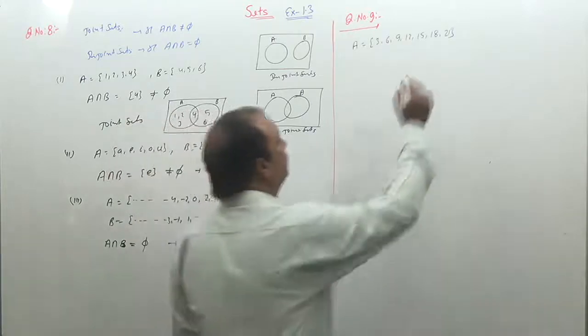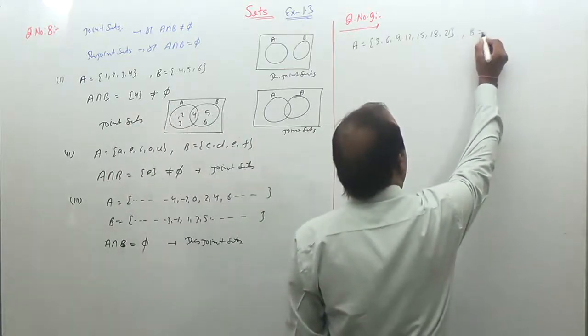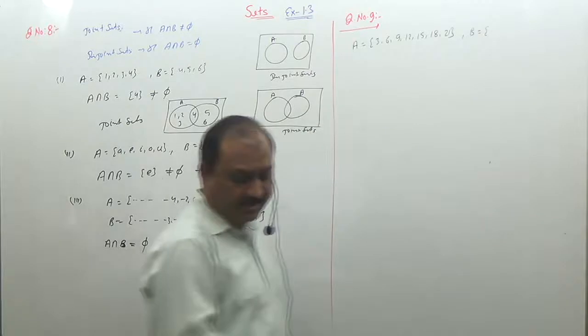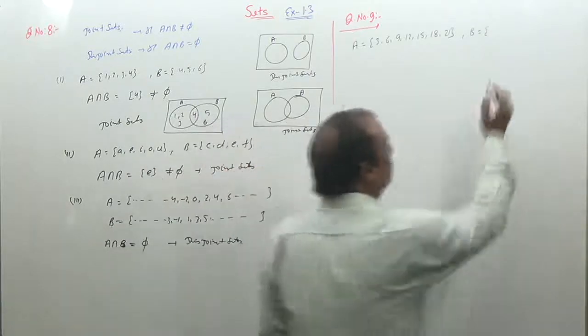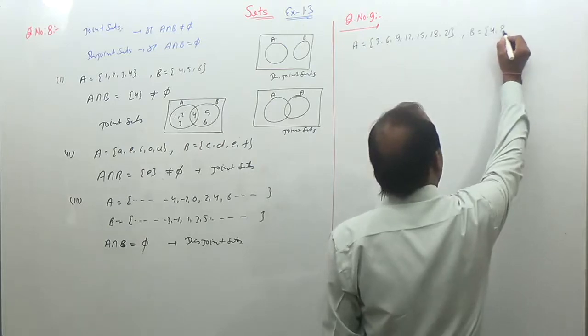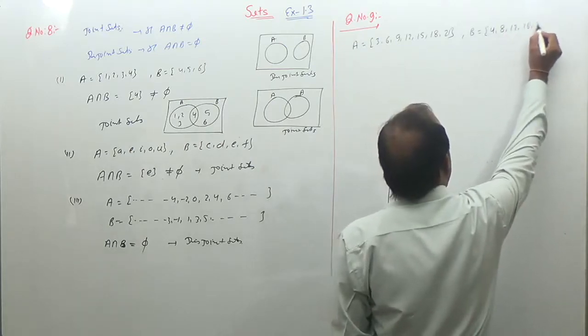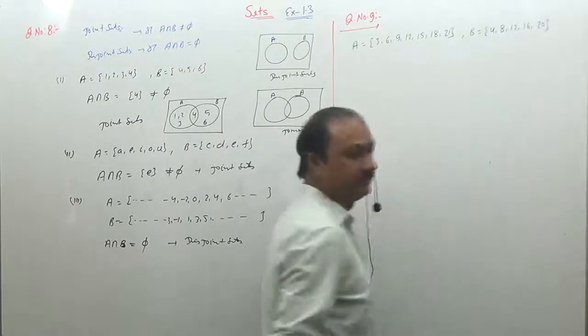And set B contains the elements 4, 8, 12, 16 and 20.